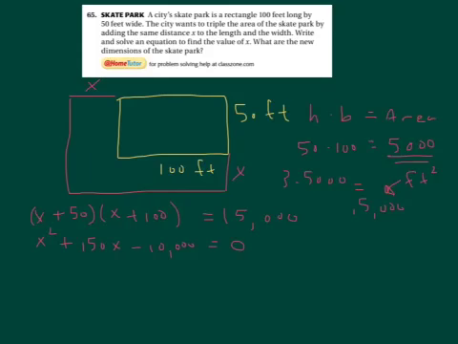So after combining like terms and shifting the 15,000 over, this is what I end up with. So now we need to factor this x squared minus 150x minus 10,000. And again, don't let the big numbers fool you. We're essentially looking for, if we ignored the zeros, thinking about like 1 and 5 kind of thing.